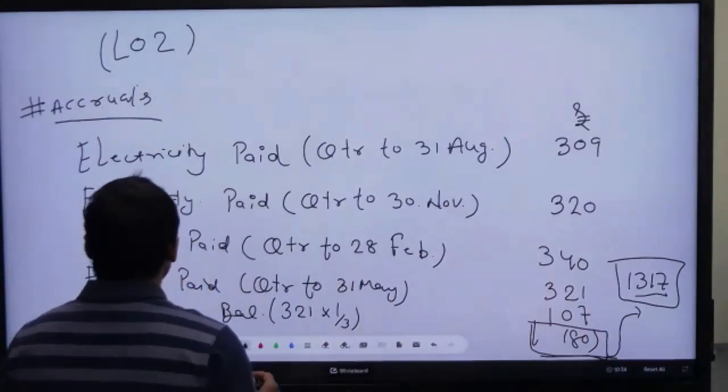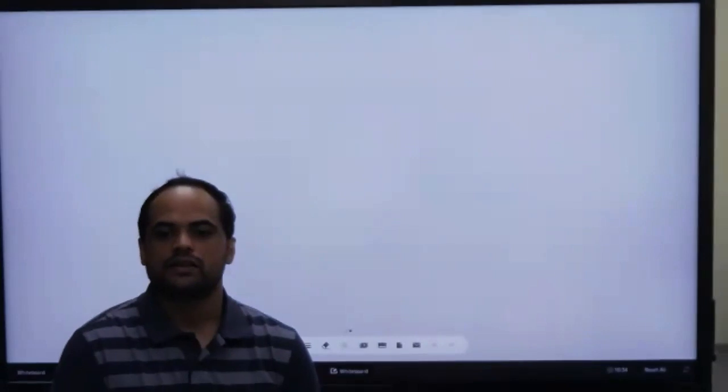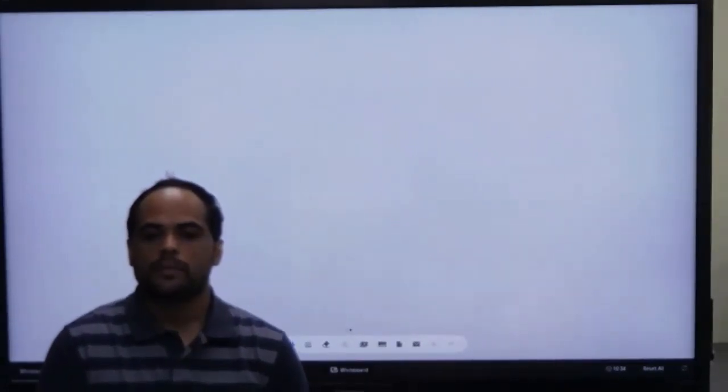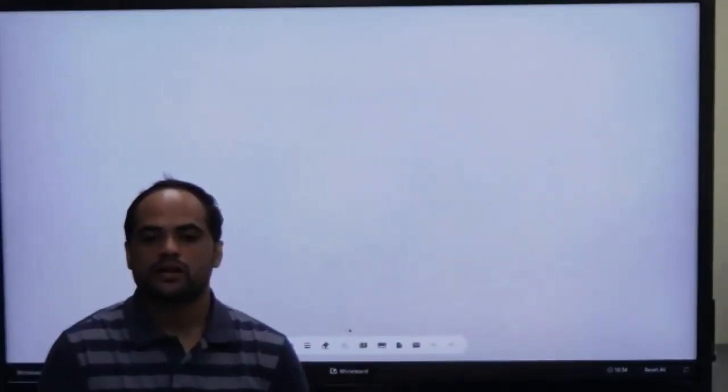So now we move on to the prepayments part, right? Prepayments, insurance.